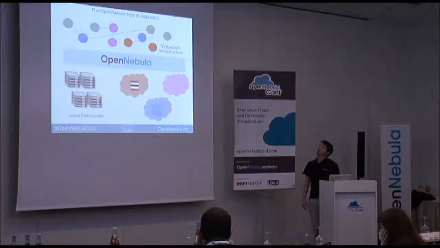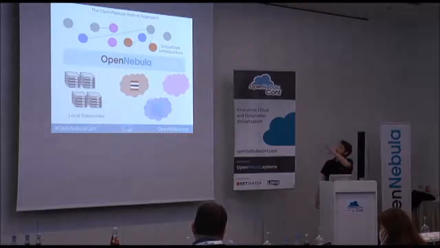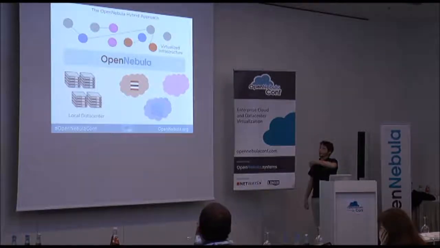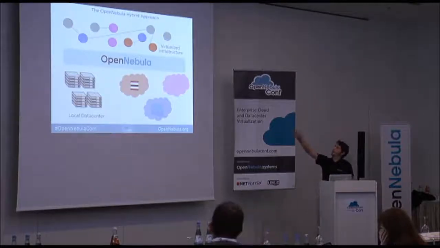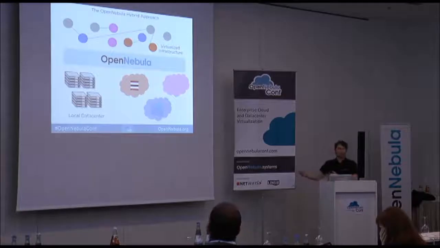On top of that, you create a virtualized infrastructure, which is basically interconnected VMs that, as you can see, can be living in different clouds and are connected through, for instance, an ad hoc VPN.